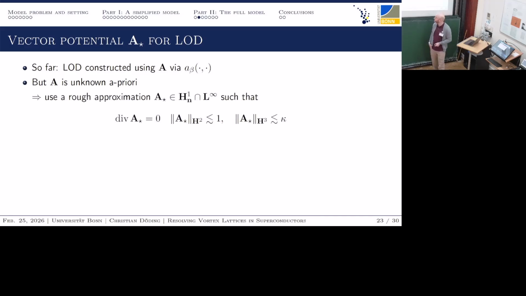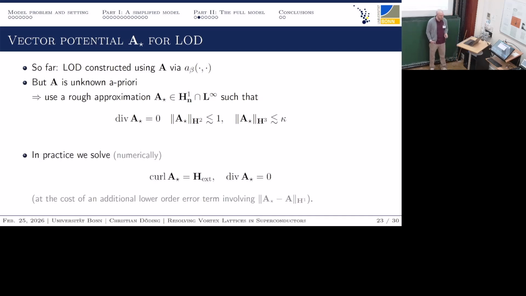So what's the idea? How can we overcome this problem? Well, we just take any vector potential that satisfies some assumptions. Namely, it should be divergence free, and I want to bound its norms in H2 and H3 according to these expressions here. Of course, you might think of choosing this A star as a rough approximation or a good approximation of the actual vector potential, which is the minimizer.